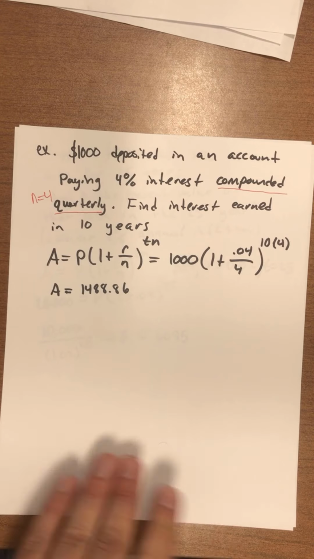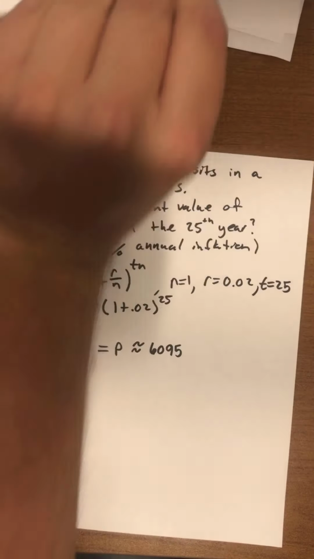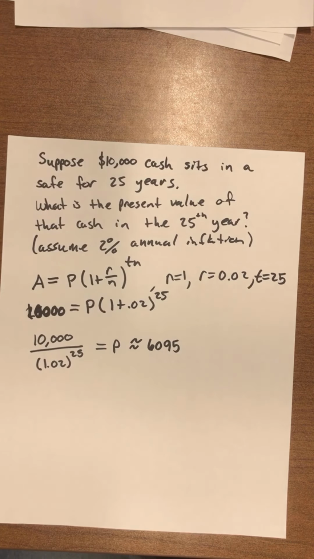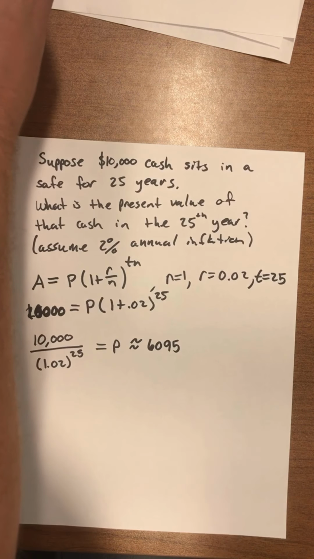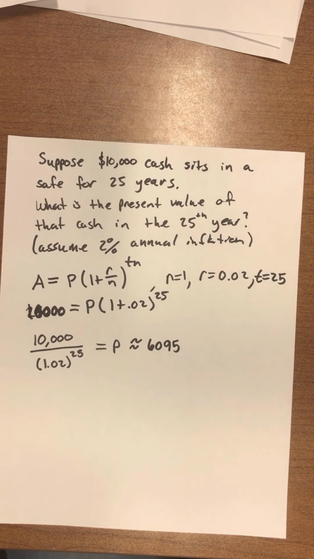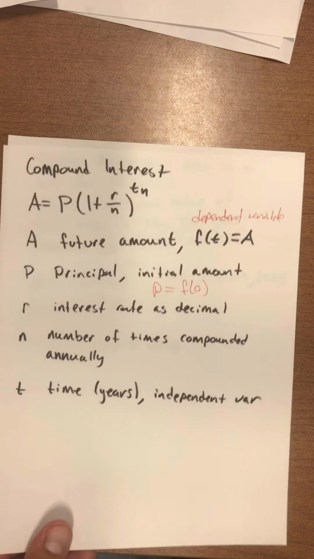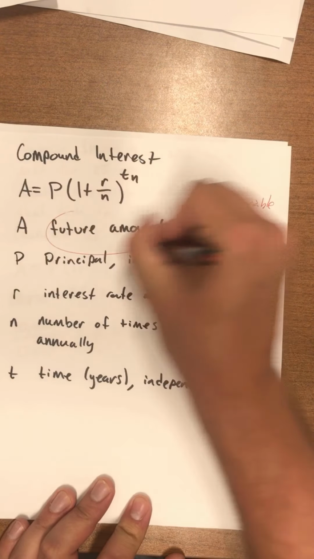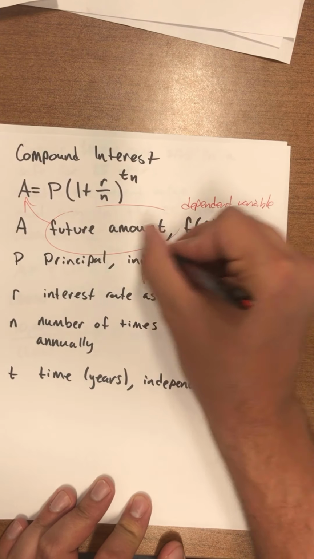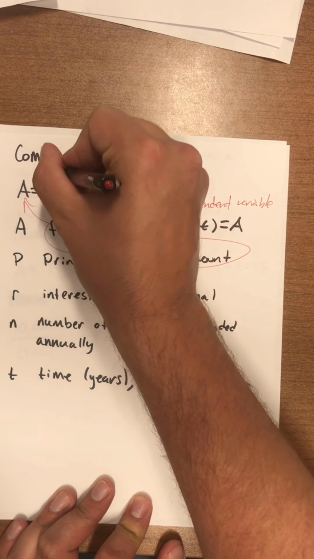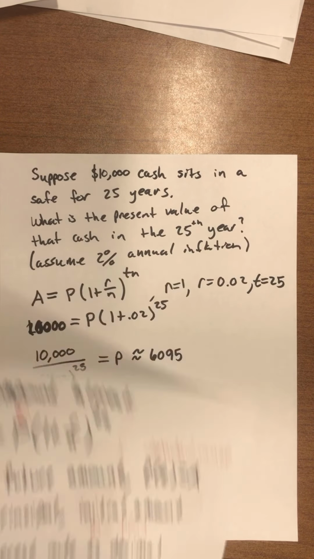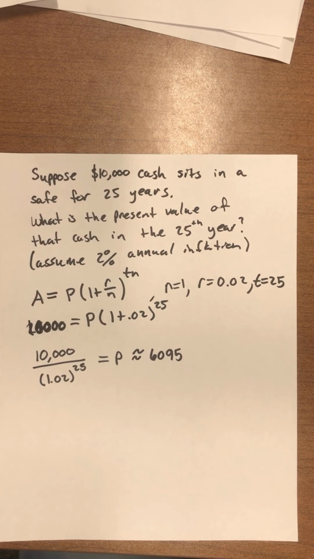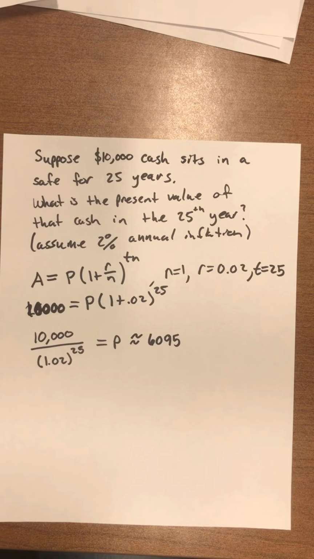Another useful way to look at this is a present value analysis. If you keep in mind that A is the future amount and P is the initial amount, we can examine, in this situation I've got an example that allows us to take a look at the present value of $10,000 cash in 25 years.